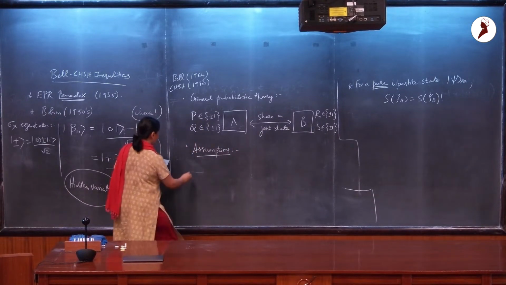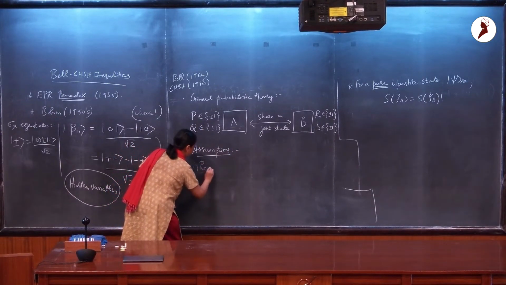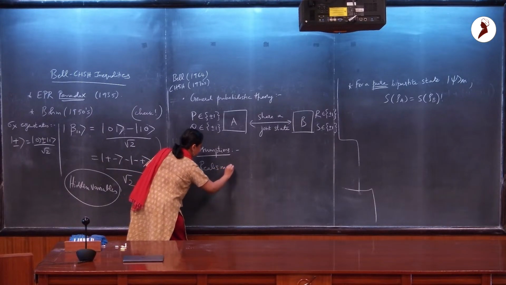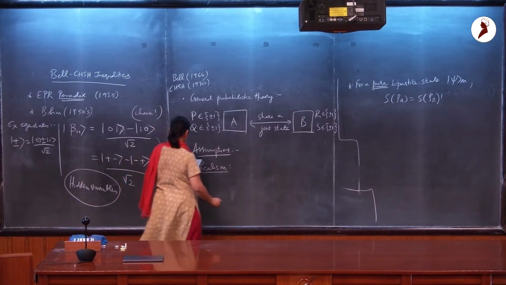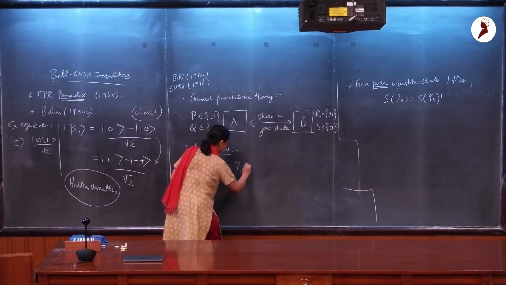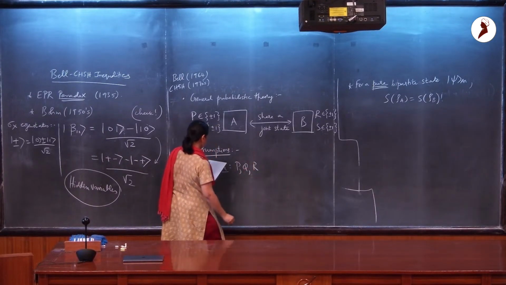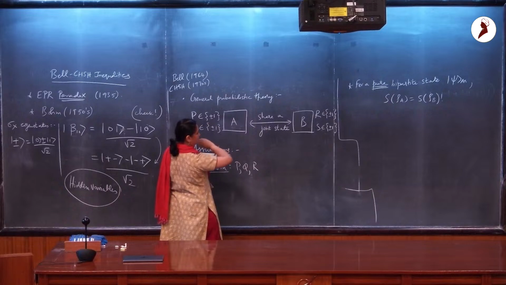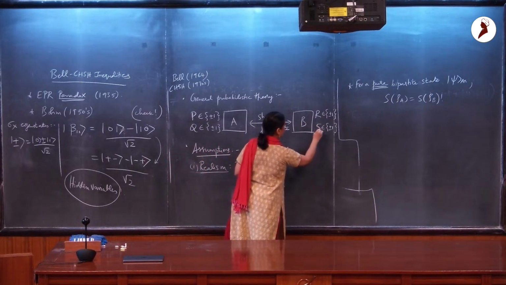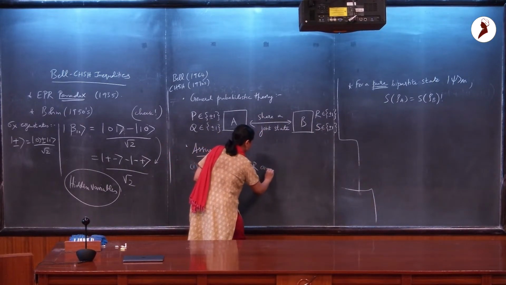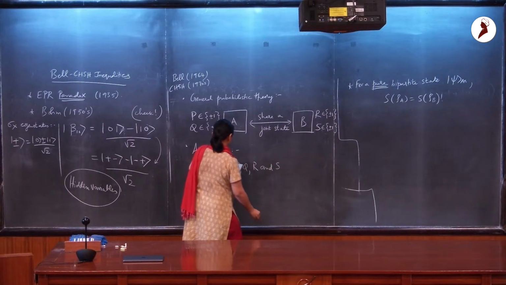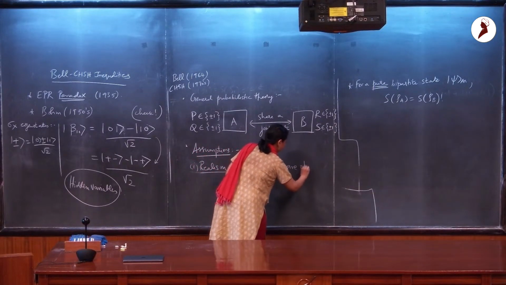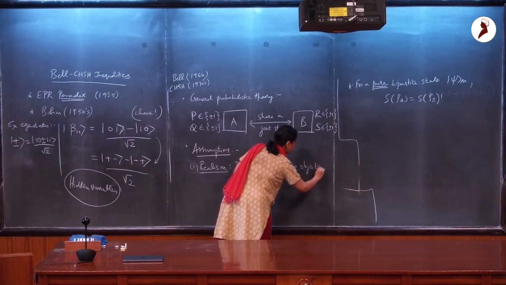are, firstly, this whole idea of realism. I'll state this and then say in words what I mean by it. These four observables that I wrote down, these four measurable quantities, are objective properties of the system.